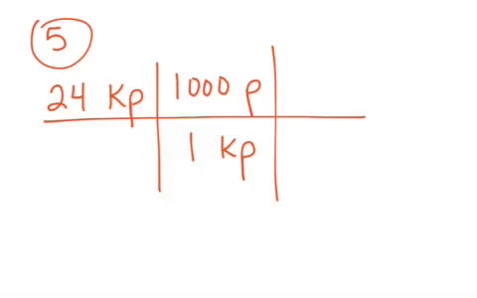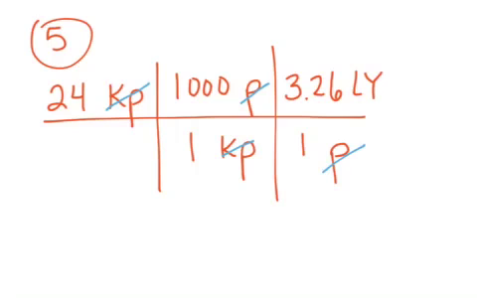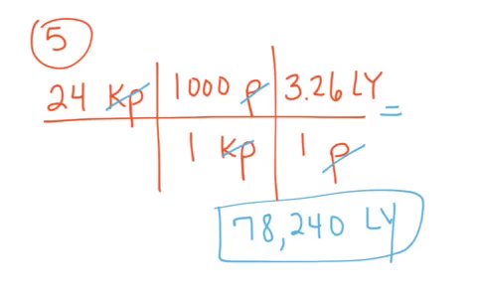And it says a parsec, which is 1 parsec, is 3.26 light years. And you'll notice that cancels, that cancels, that cancels, and that cancels. Do we get an answer of 78,240 light years?